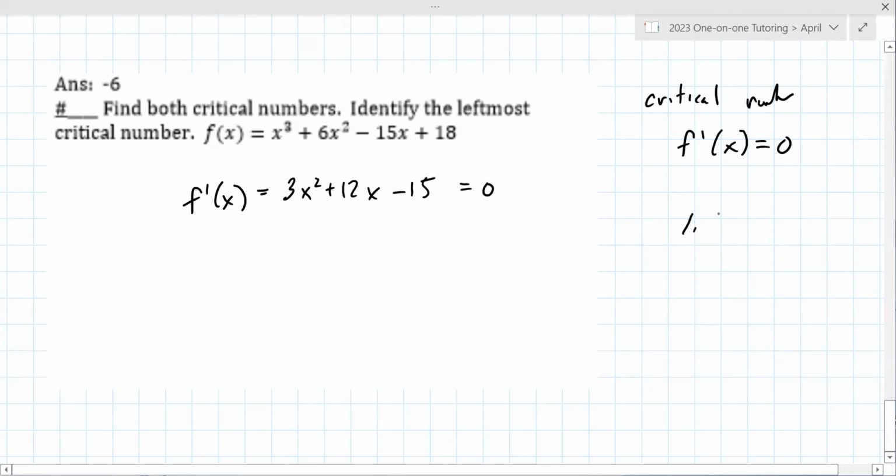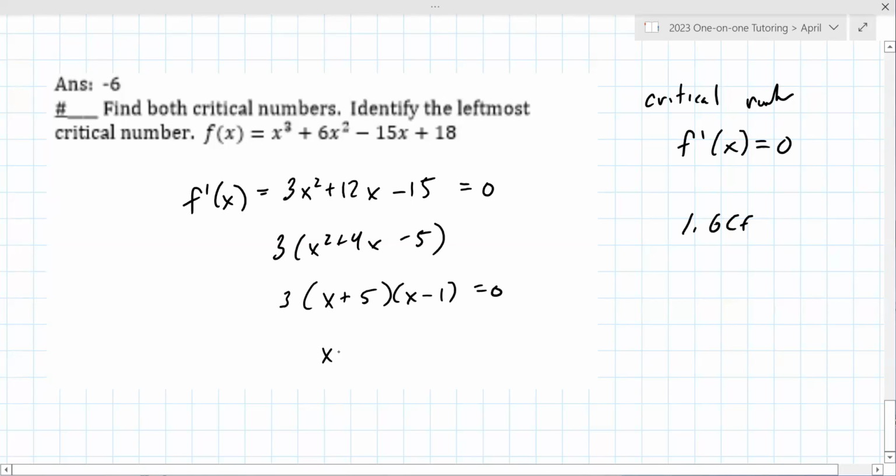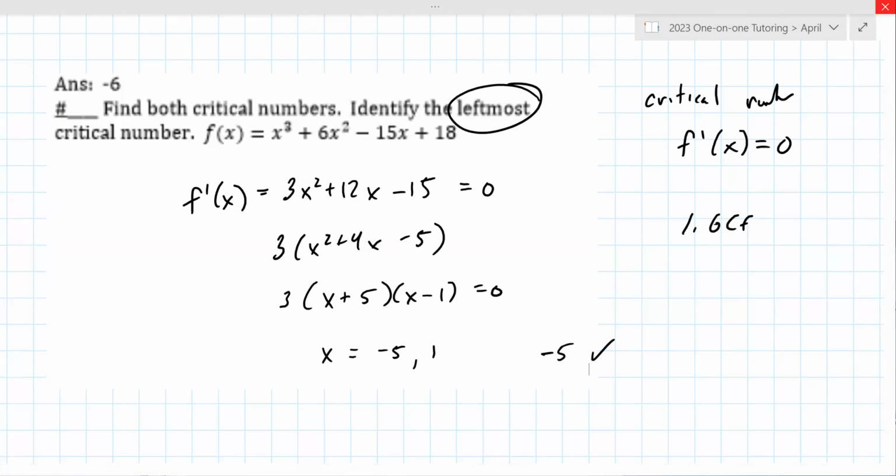Yes, and that's very important that you did that. The GCF, you'll see it on these types of tests. It will save you a ton of time. x plus 5, x minus 1 equals 0. Your two critical numbers are -5 and +1. I think you said that. The leftmost one is -5.